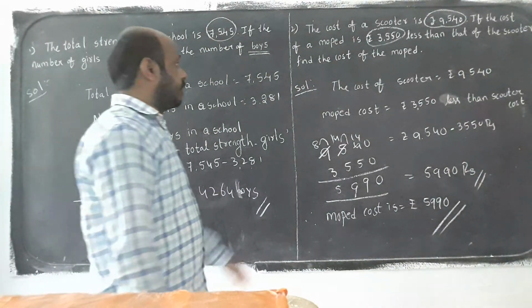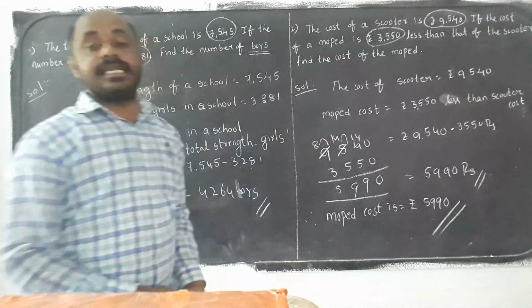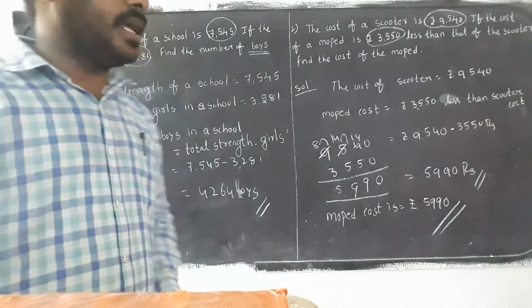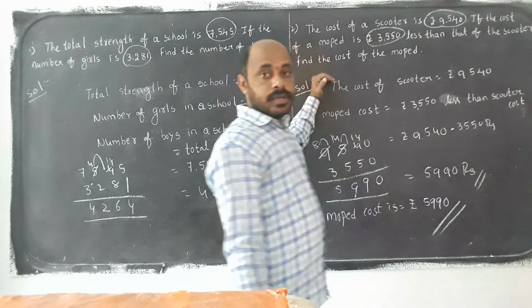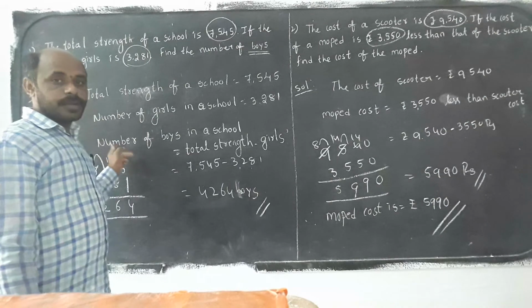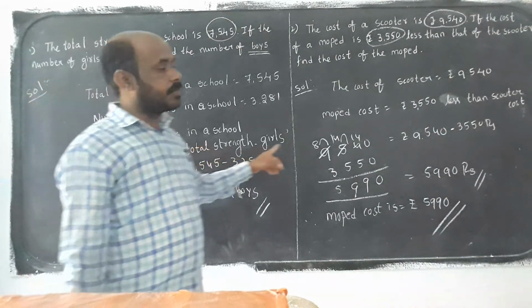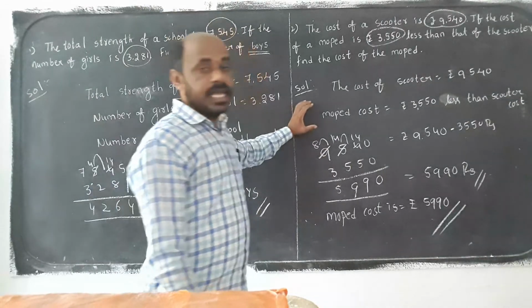This is where you have to be careful if he gave something tricky. We have to concentrate on the question, understand what he gave, and then do the sums. In this first problem he gave it directly. In the second problem he did not give it directly, he gave something tricky.